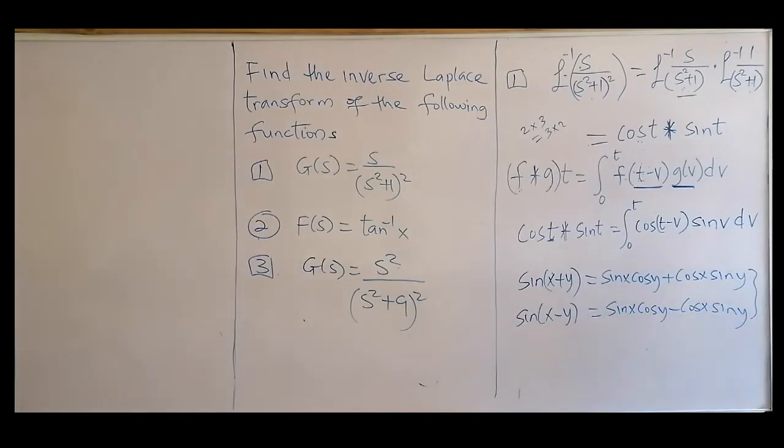Can you add these two equations together? If you add them, you have a product of sine. But I'm not looking for a product of sine and cos, I'm looking for a product of cos and sine. So I'm going to subtract the two equations.